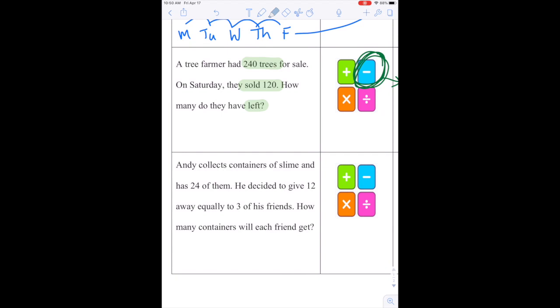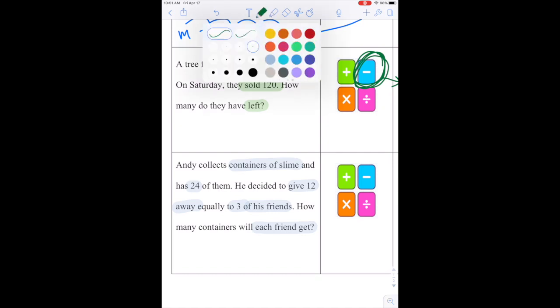So we know he has 24 containers of slime. He's going to give 12 away. He's going to give it away to 3 of his friends. And we want to know how many will each friend get. So what operation is it that we are looking at for this one?